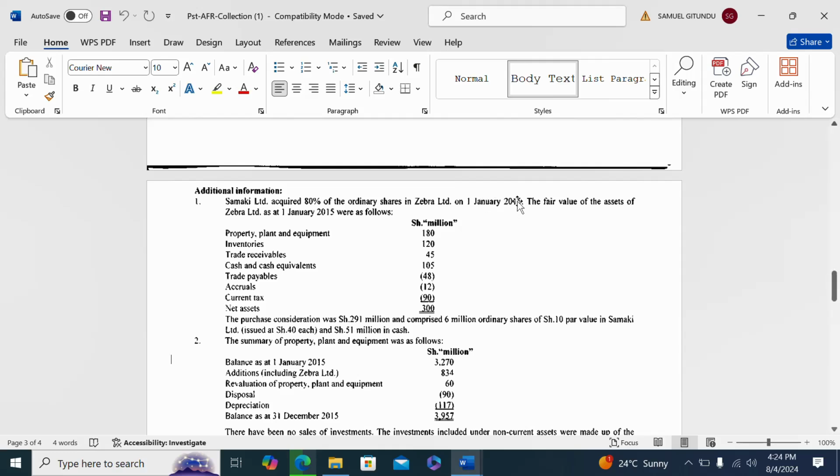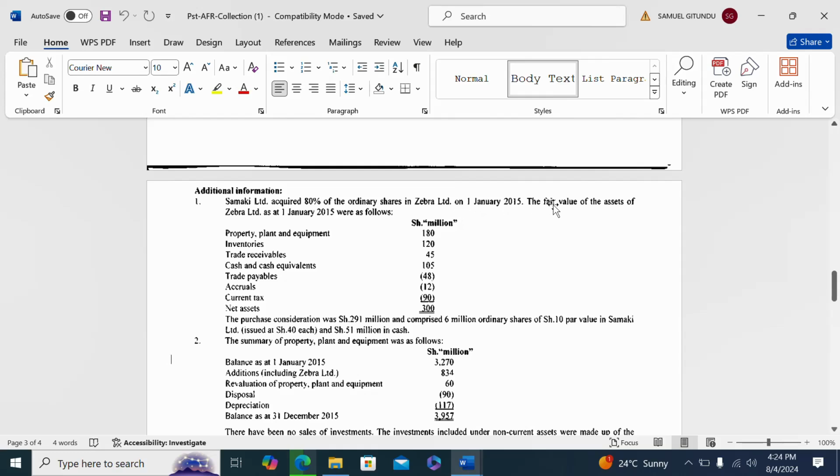This date is very important because the statements of financial position are given as at 31st December 2014 and 31st December 2015, which means that in the statement of financial position under 31st December 2014, this subsidiary is not included.